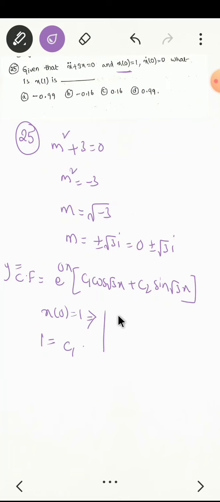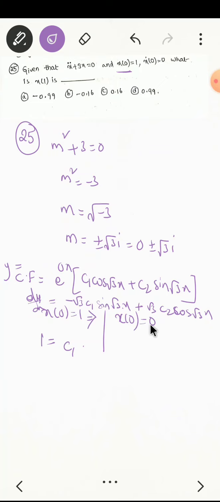Then apply another condition. What is that? X dot of 0 equal to 0. So first find x dot, that is dy by dx. First find dy by dx. That will be minus root 3 c1 sin root 3x plus root 3 c2 cos root 3x.